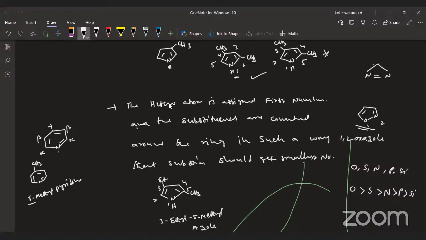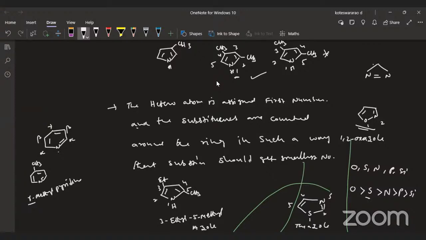For example, if sulfur is there, starting with number 1, 2, 3, 4, 5, here no oxygen; the next priority is sulfur.